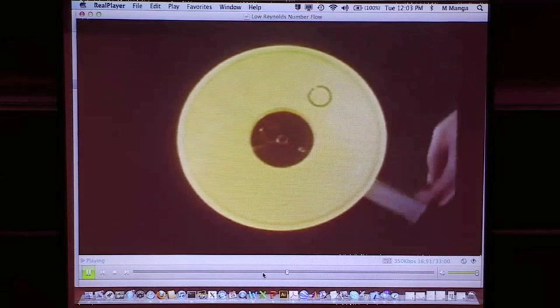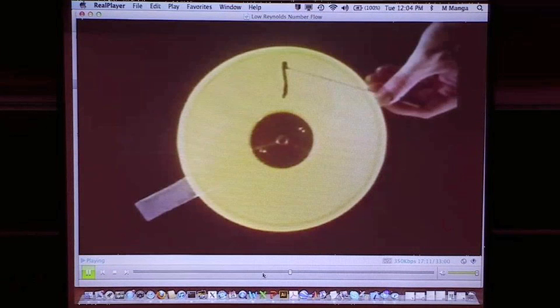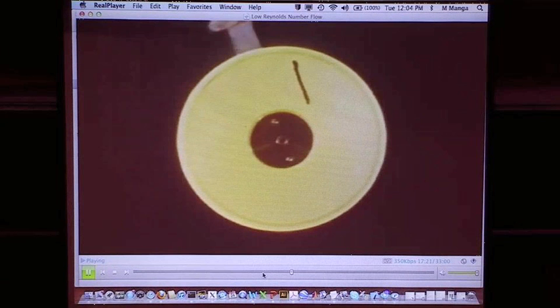On reversing, the rigid body returns to its original position and orientation. If, however, a flexible body, like this bit of yarn, is inserted, the reversal of stress will alter the shape of the body so that it will not return to its original position.